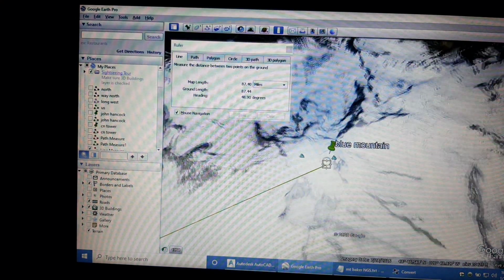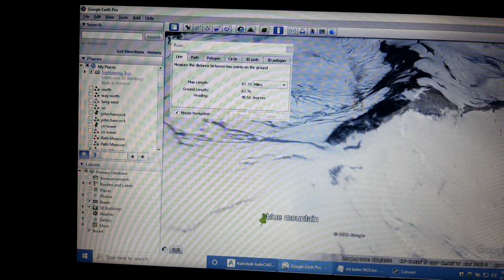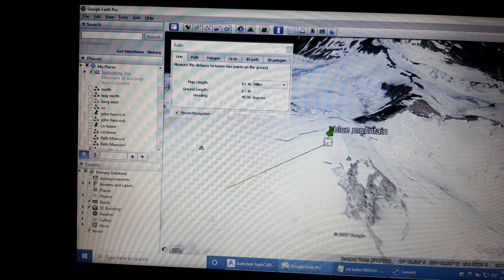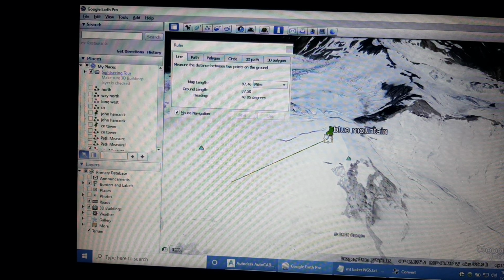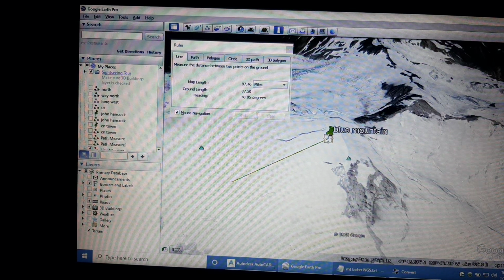Pretty tall mountain. So I got 87. I got the map length and ground length. So 87, well, if you just round it to the tenth, it's 5. So 87.5.